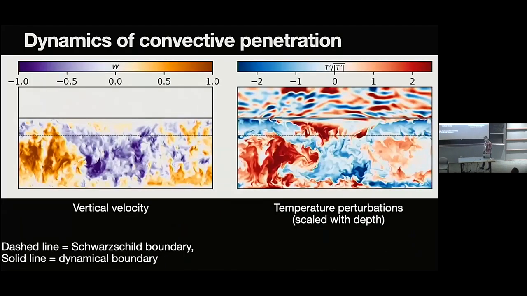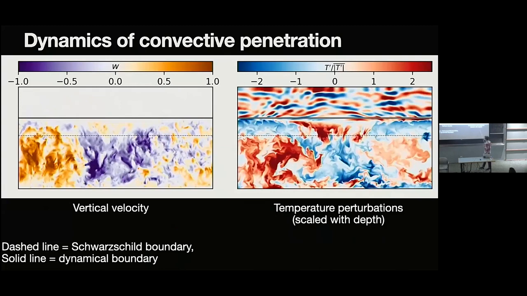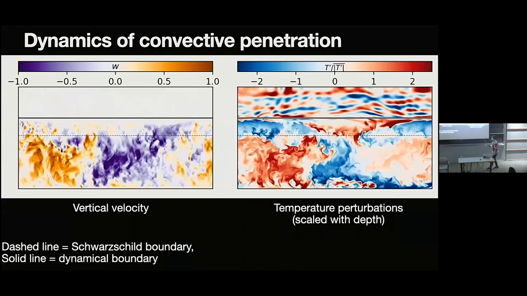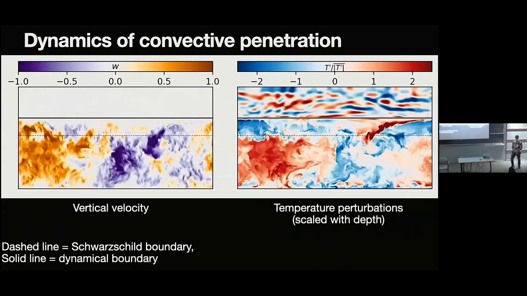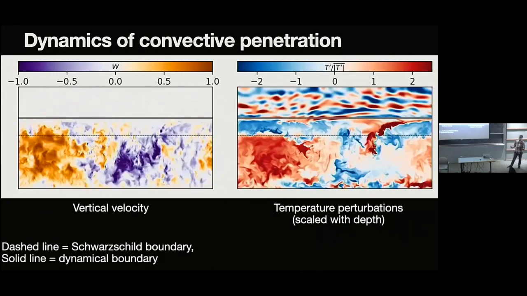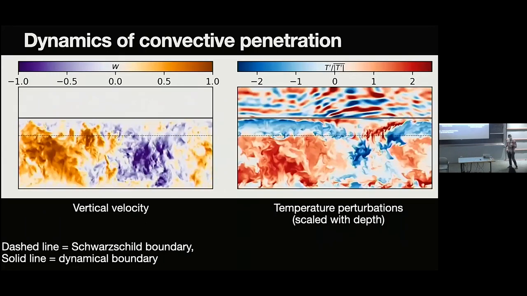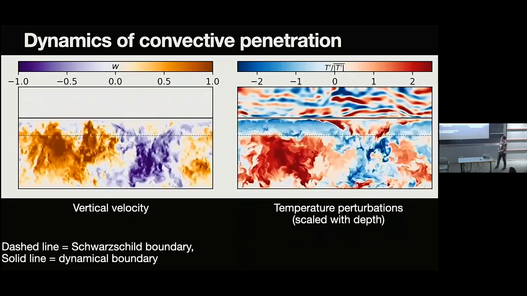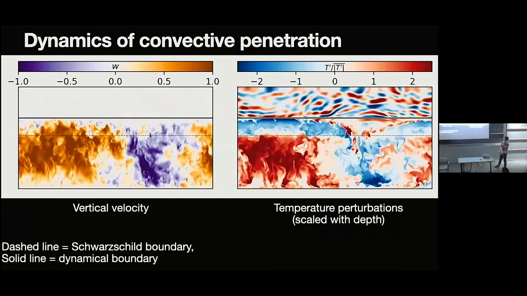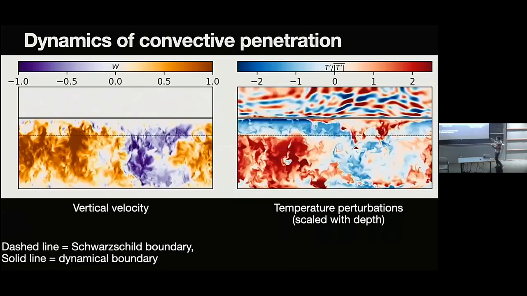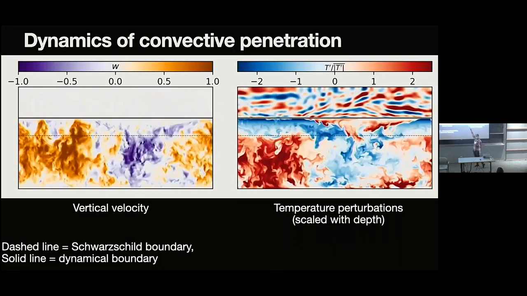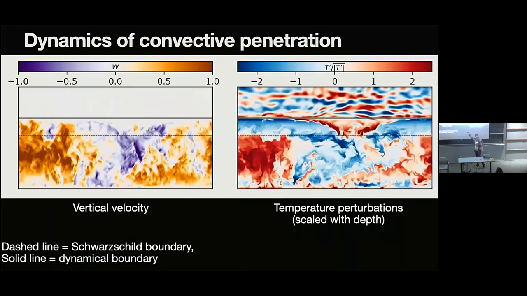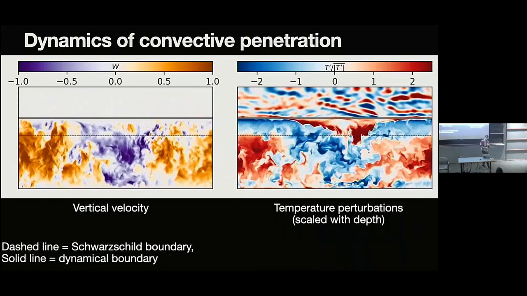And we can see this visually. We're going to spend a couple minutes here and walk through this. So these are 3D simulations in a box. These are like star in a box things, like Isabel was talking about yesterday. We have nominally a stable layer and an unstable layer, a convection zone and a radiative zone at the start of a simulation.